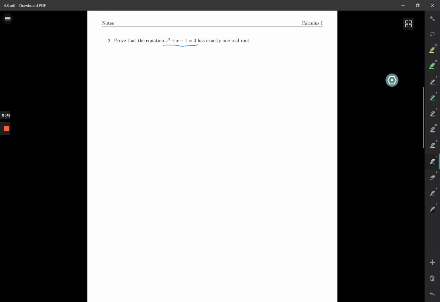So what we have to do is we will first prove that it has a root by using the intermediate value theorem. So let me actually write this out. We will use the intermediate value theorem to show it has at least one root.